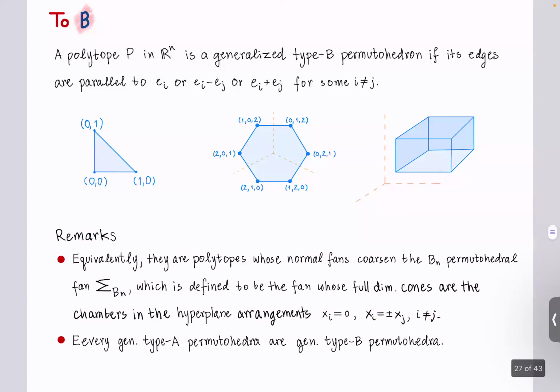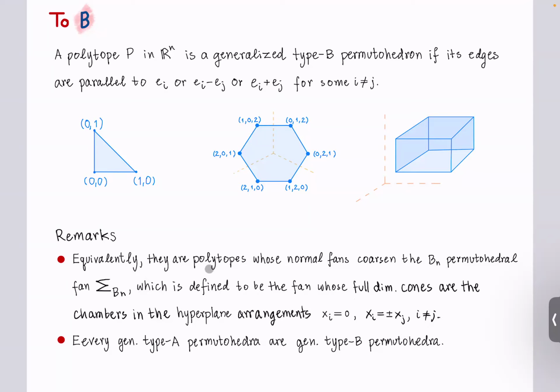Here are a few remarks. You can define a generalized type B permutohedron to be a polytope whose normal fan coarsens the B_n permutohedral fan, which is defined to be the fan whose full-dimensional cones are the chambers in the hyperplane arrangement x_i equal to 0 and x_i equal to plus or minus x_j, i not equal to j.